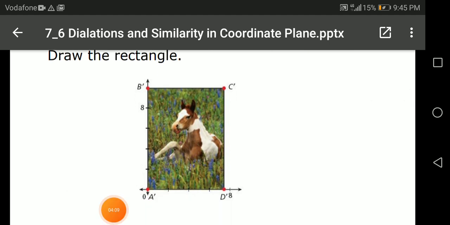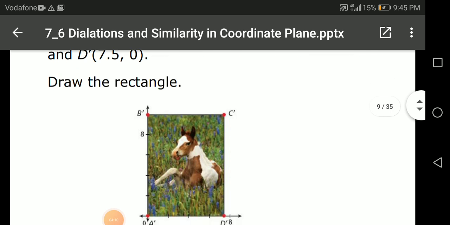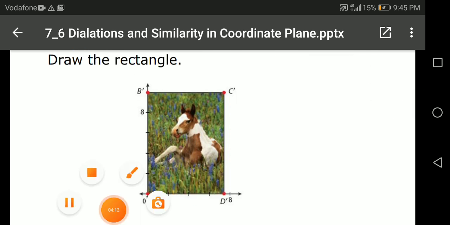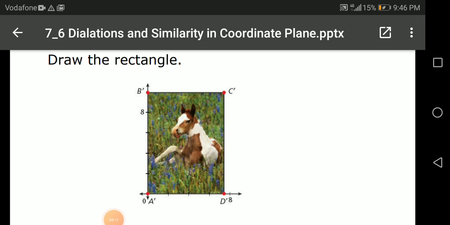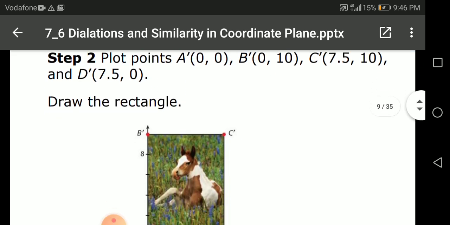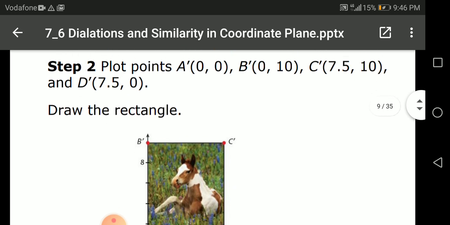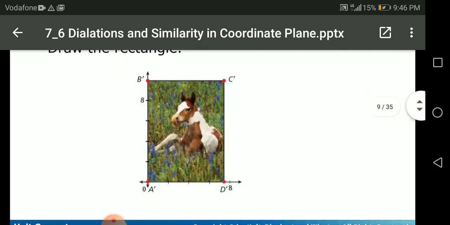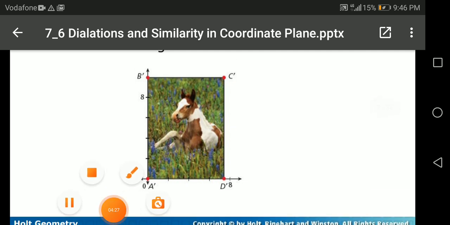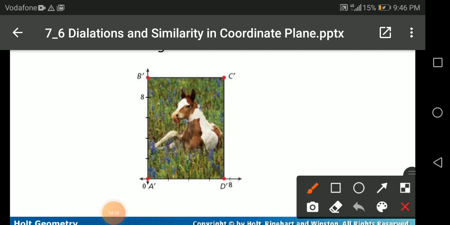B is 0 and 10. And then we have C, 7.5 and 10, so 7.5 here, and go up until 10.